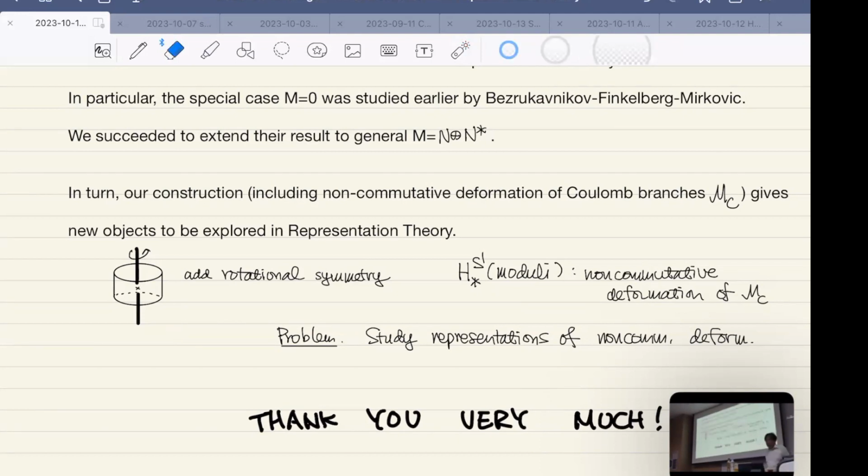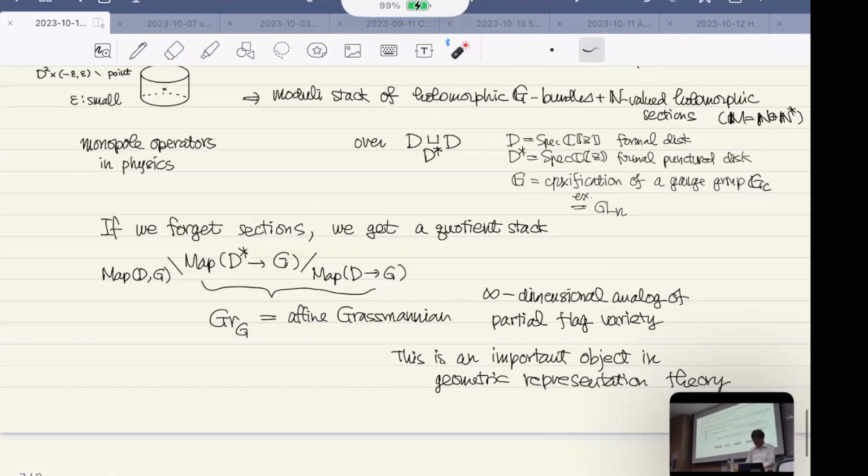Then we can consider the corresponding homology group, but in the so-called equivariant homology group with respect to this S1. Then we can still compose two operators in the same way, by considering a picture like this.